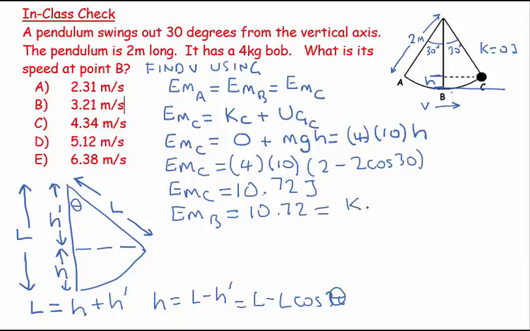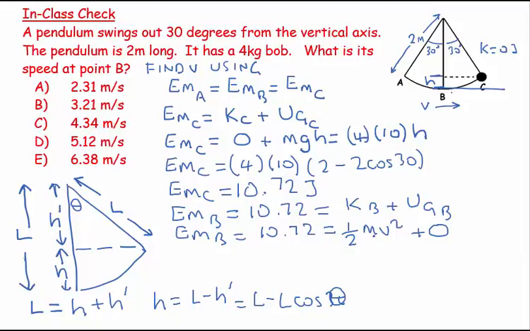Now it equals the kinetic energy at B plus the gravitational potential energy at B. Because this is the bottom of the swing, EMB, which equals 10.72, is equal to the KE at B, which is a half times M times V squared, plus 0, because it's the bottom of the swing.